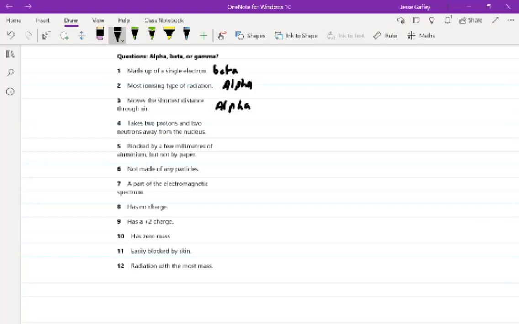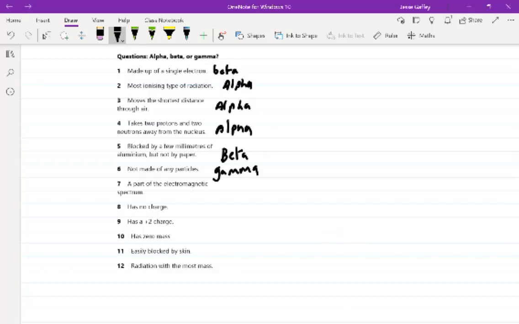So when the nucleus spits out particles, which one would cause the nucleus to lose 2 protons and 2 neutrons? Oh, that's alpha again. Blocked by a few millimeters of aluminium, but not by paper. We should have said beta. Beta particles. Not made of any particles, that's gamma.